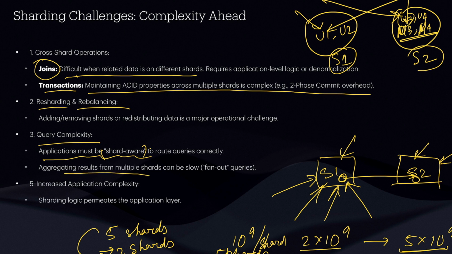And aggregating results is definitely slow because it is on the client side. We make 2 or even more network calls, collect all the results, and then make some computation ourselves in the client side, which in a traditional relational database without shards is very fast and handled by the database itself. And related to the point I discussed, sharding logic permeates the application layer.